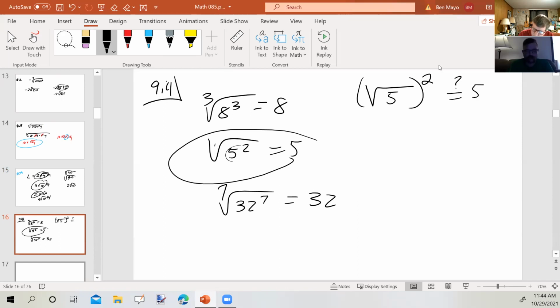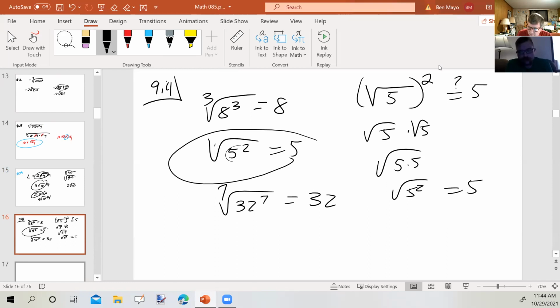Is that also 5? Yes, it is. In fact, let's expand it. That would be the square root of 5 times the square root of 5, right? Which would be the square root of 5 times 5, or the square root of 5 squared, or of 25, which is 5. You okay with that? Mm-hmm.